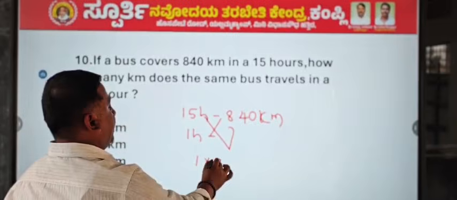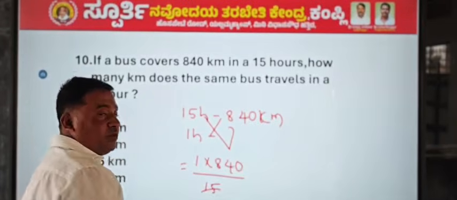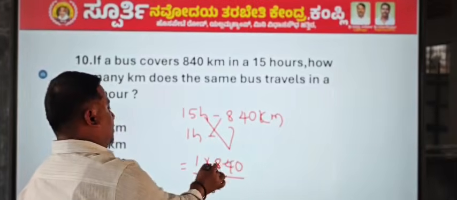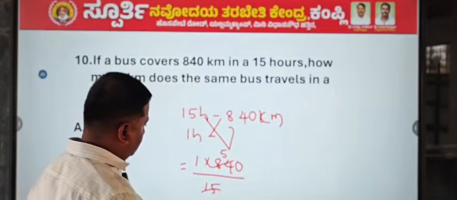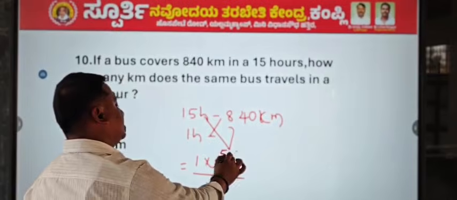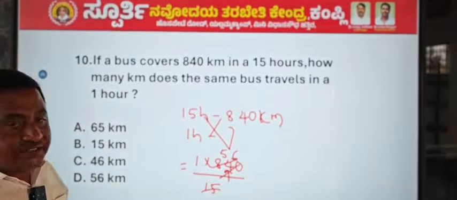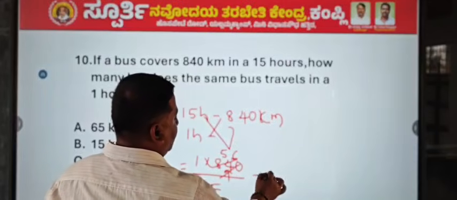1 into 840 divided by 15. 15 5s are 75. 9 remains. 15 6s are 90. So 56 into 1, 56. Here unit kilometer is there.